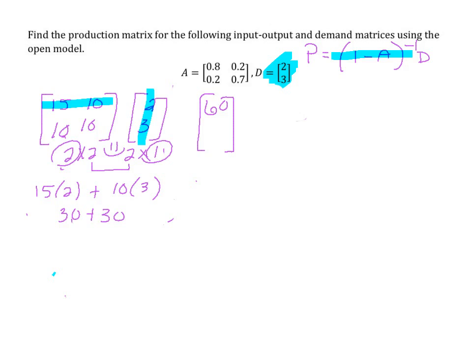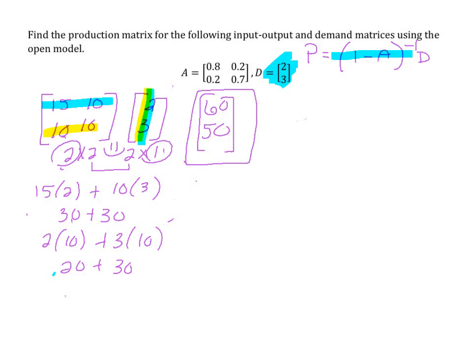Let's choose a different color. Here we go. So we'll do 2 times 10 plus 3 times 10, so 20 plus 30 giving us 50. So here is our production matrix.